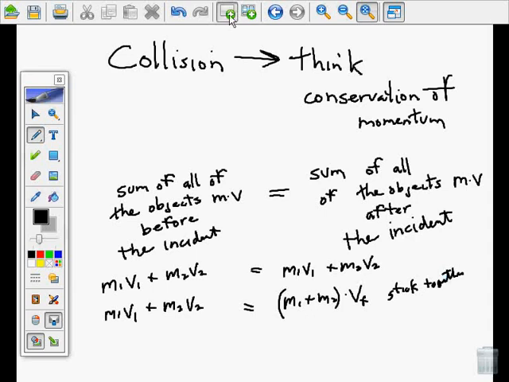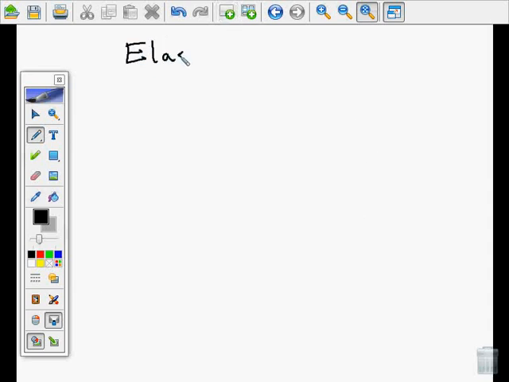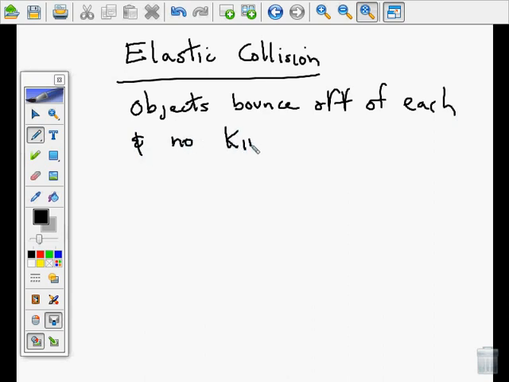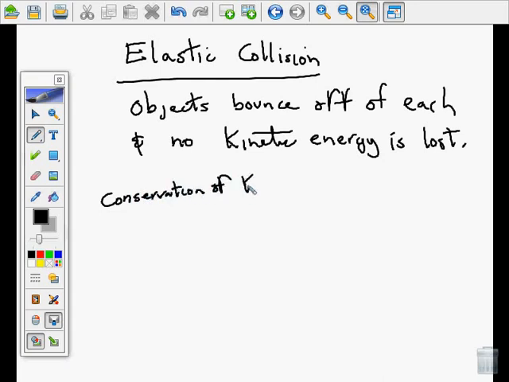Now, if it's an elastic collision, objects bounce off of each other and no kinetic energy is lost. So for elastic collisions only, you have conservation of kinetic energy.